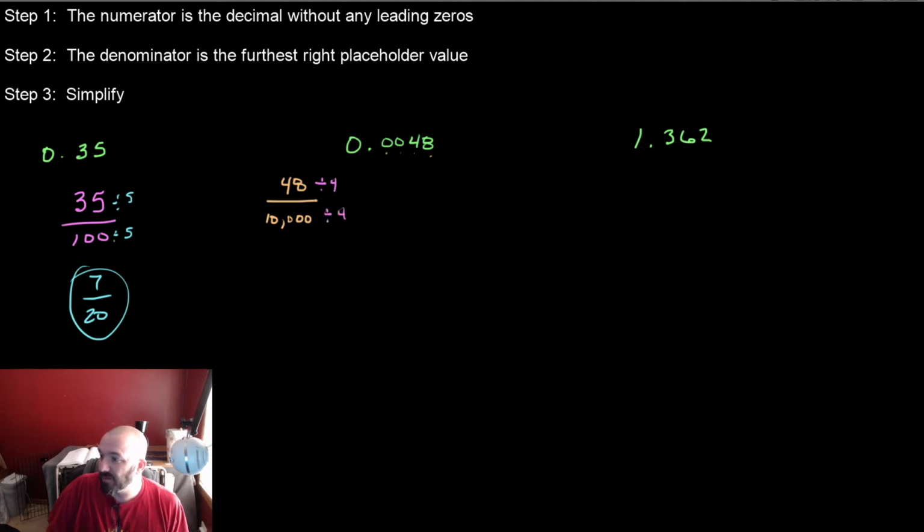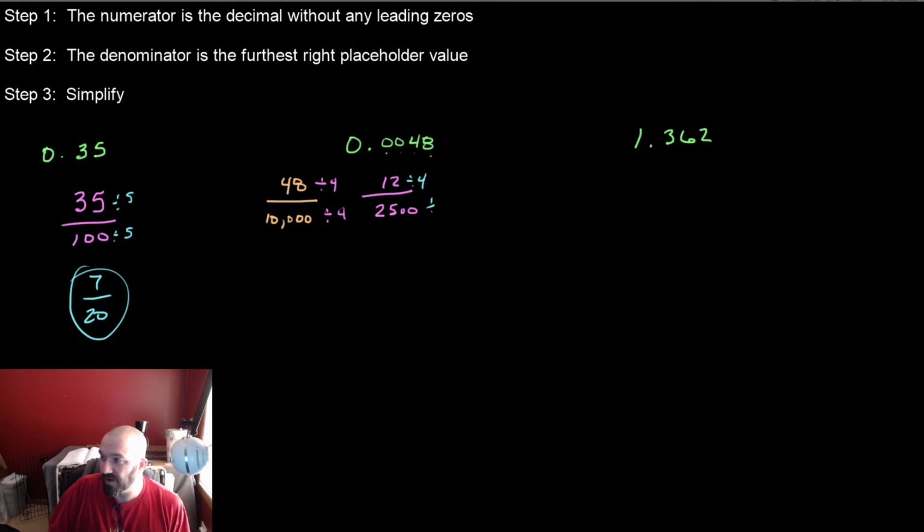If I divide 100 by 4, I get 25, add the two zeros. So this is going to give me over 2,500, and this is going to give me 12. So now I have to divide that through by 4. I'm doing this a little bit weirdly, but I can do squares.